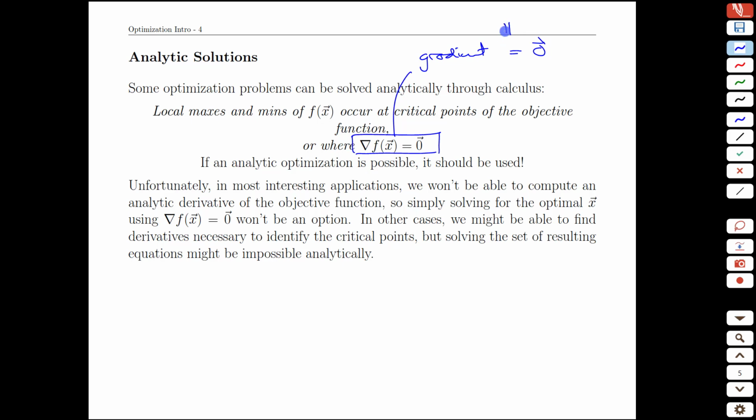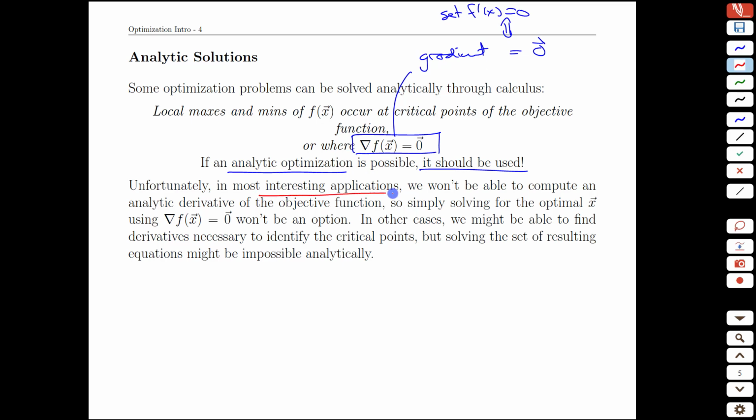And this is the multivariate version of the f prime equals 0 formulation. And if we can do analytic optimization, we should definitely do that. If we can get a nice function, a formula that we can differentiate, set the derivative or derivatives equal to 0 and solve, go to town, do that for sure.